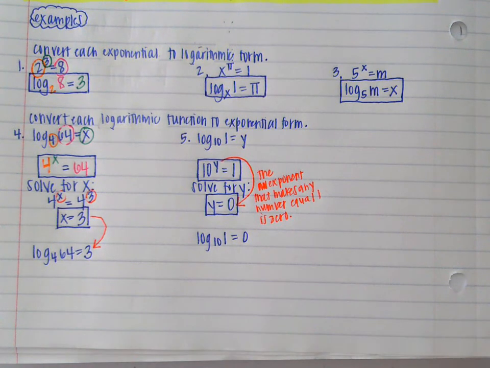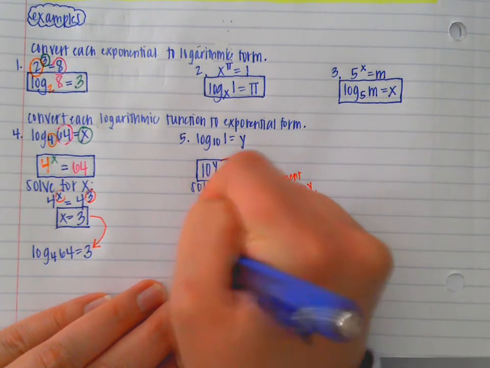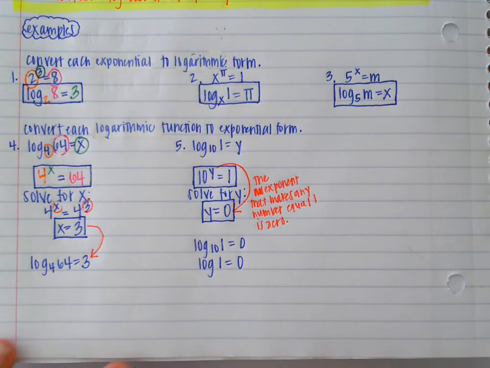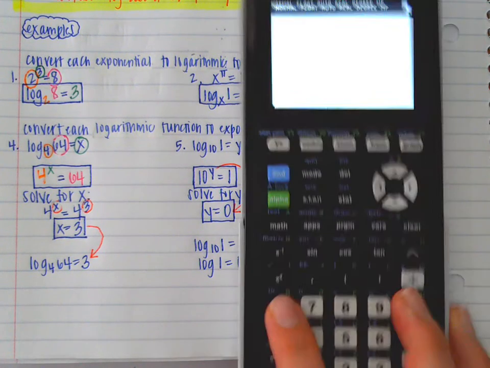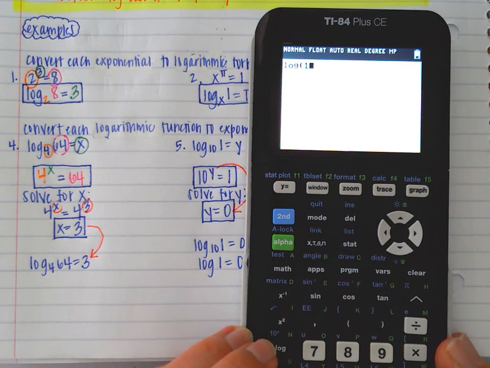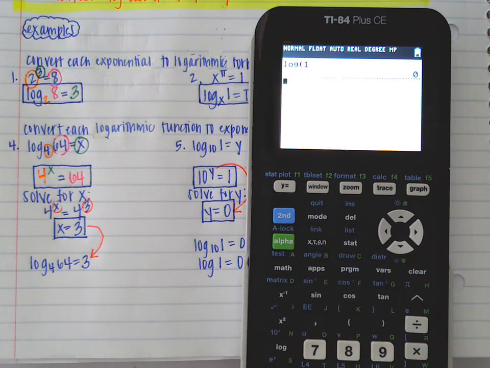The way that we actually write it, whenever you have a base of 10, you don't actually have to write the base. So you can rewrite this as log of 1 equals 0. Whenever there isn't a base, you can assume it's 10. Just like here, if I did log 1, I would get 0.